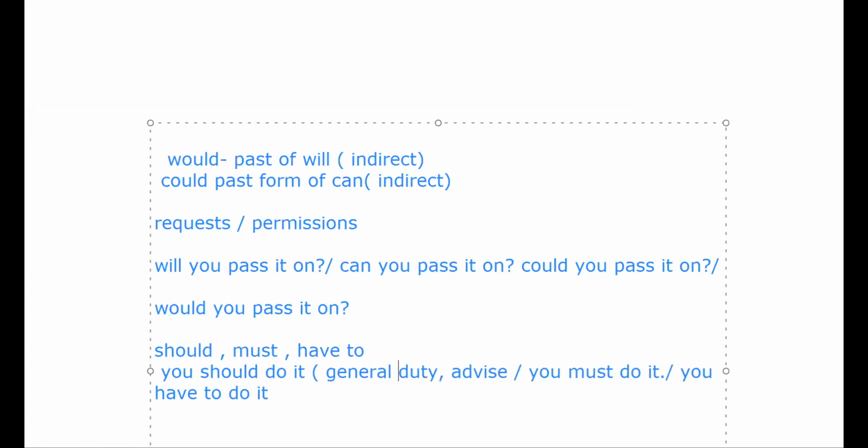What do I mean by general duty? You should follow traffic rules. It's your duty, or a rule which you are supposed to follow. Then I say you should. You should come on time to classes. That is what the rule is made, and that's what you're supposed to follow. So should is your duty, or it's a kind of advice.